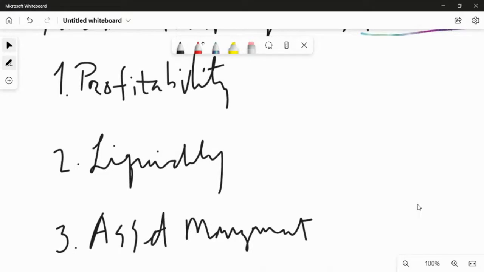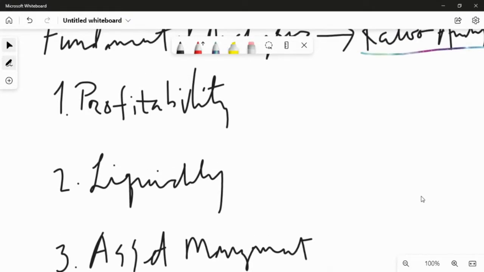So largely 5 categories in ratio variables, and these are crucial indicators of how the business is doing. By looking at these ratios, you can easily tell how the business is doing. It's a solid indicator.